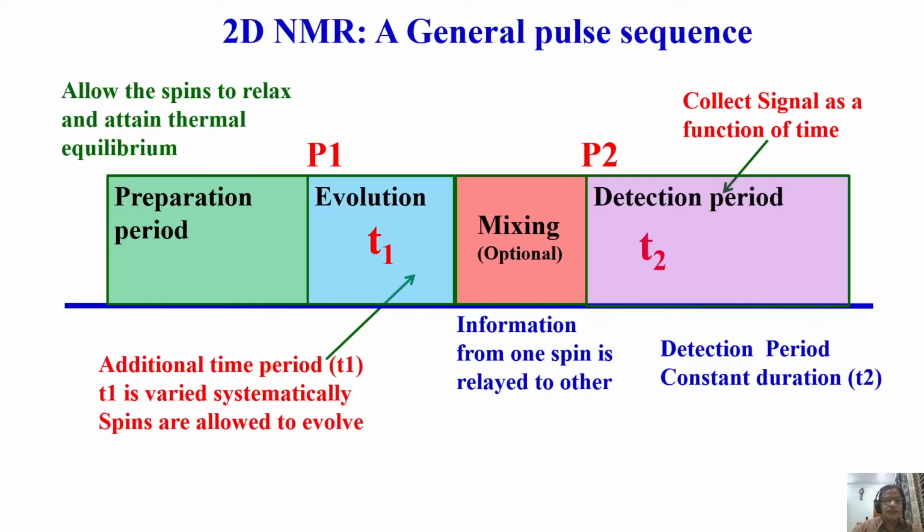We allow the spins to relax here and attain thermal equilibrium, do whatever we want for the next pulse to be applied, and what information we want to get in this pulse sequence. Basically, in most of the cases, the preparation period is for allowing the spins to relax and attain thermal equilibrium. Of course, P1 and P2 are the pulses we apply for this and this. Let us not worry about it. We will discuss only the time periods.